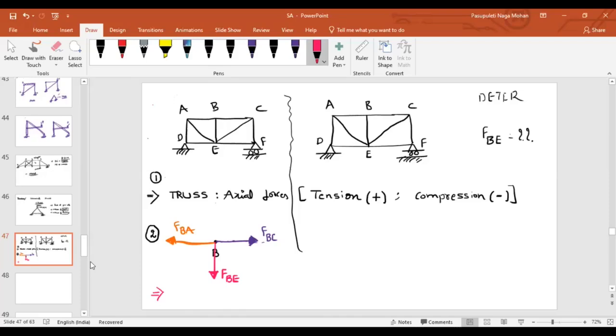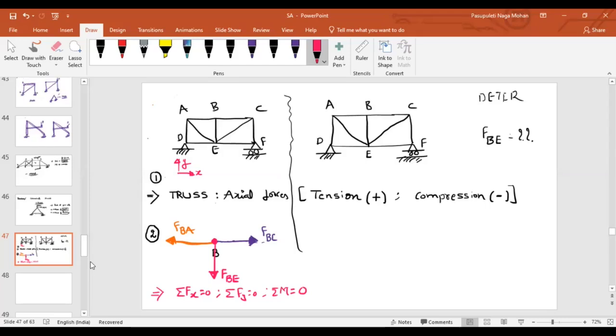As we have already discussed, as we are talking about a point in the XY plane, how many equilibrium equations should I consider? Generally, it will be summation of x equal to 0, summation of y equal to 0, and summation of moment equal to 0.